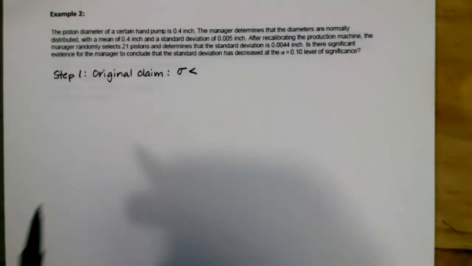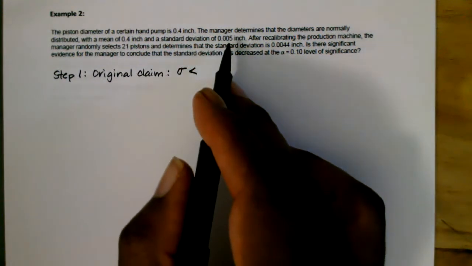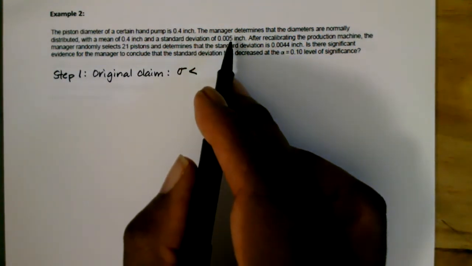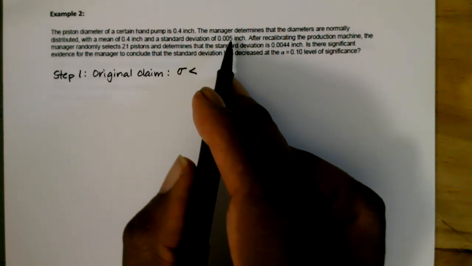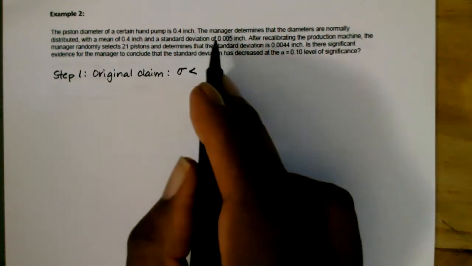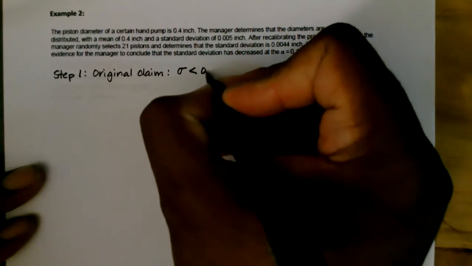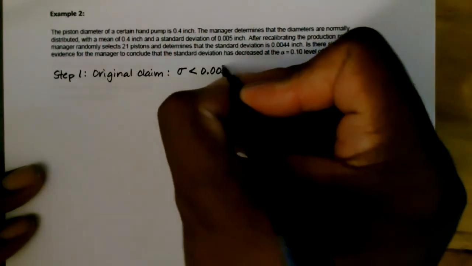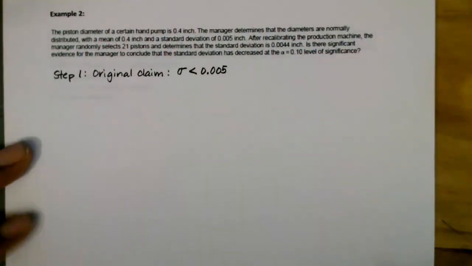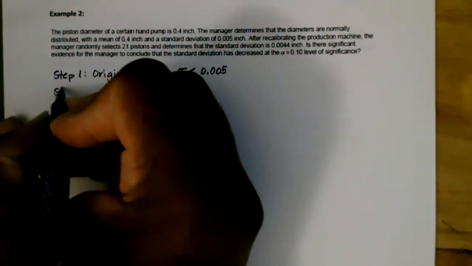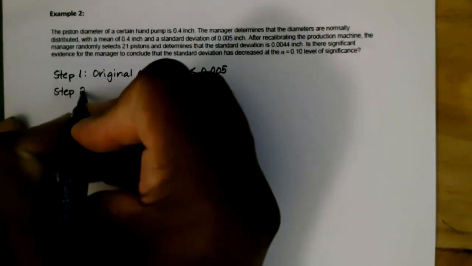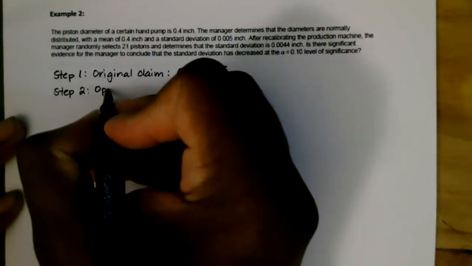And the number that we're using here is 0.005, because the manager determines that the diameters are normally distributed with this mean and the standard deviation of 0.005. That's the original claim.